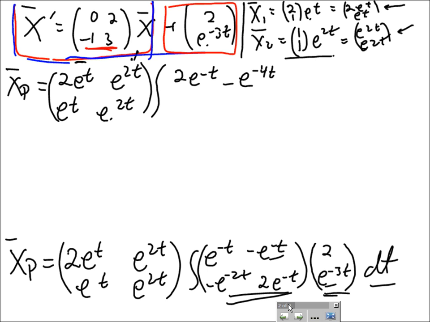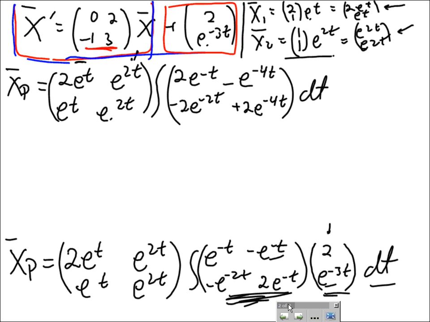And now I do the second row by the first column. Get negative 2e to the negative 2t plus 2e to the negative 4t dt. So I want to integrate the top, and then I integrate the bottom. And I put the integral of the top in the top and the integral of the bottom in the bottom.